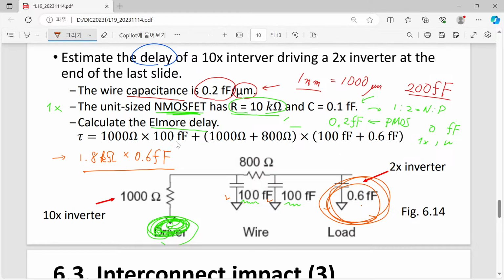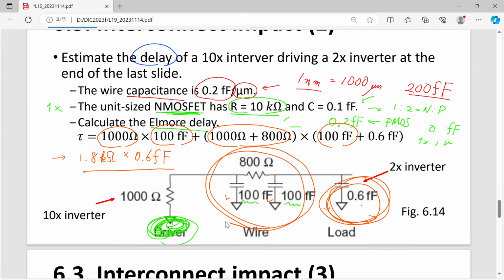All other parts, like 1 kilo ohm multiplied by 100 femtofarad, or 1.8 kilo ohm multiplied by 100 femtofarad, are all related to the wire.